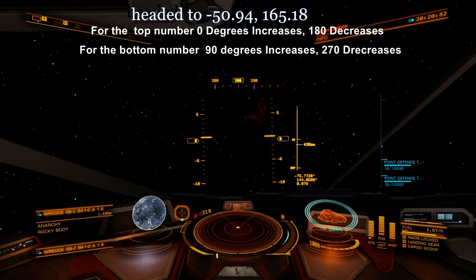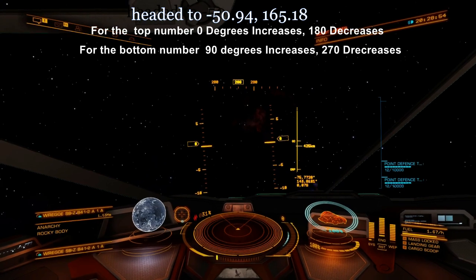And as I said, when you're in orbital cruise, you want to try to get within 10 degrees plus or minus. So when you drop down closer to the ground, you won't have too much distance to line up the exact coordinates.